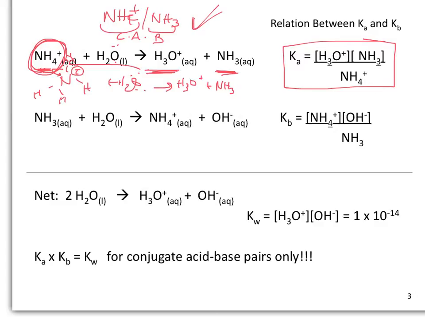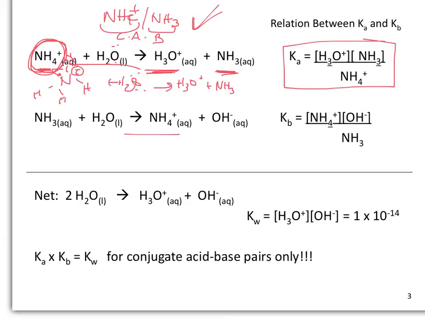When you use the ammonia, the base component of this conjugate acid base pair system, you would say that ammonia will react with water, and in the process, since water is more acidic as compared to ammonia, it's going to generate hydroxide by losing a proton, and the ammonia will generate the ammonium ion. And in this process, the Kb is going to be ammonium times the hydroxide divided by ammonia.